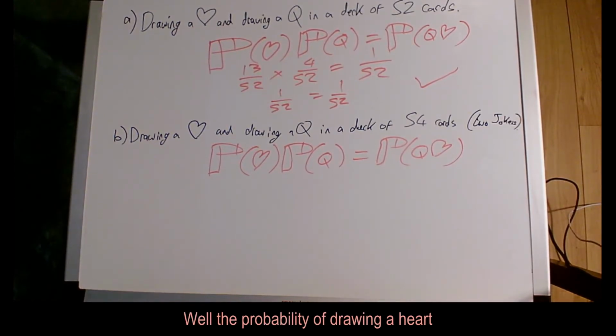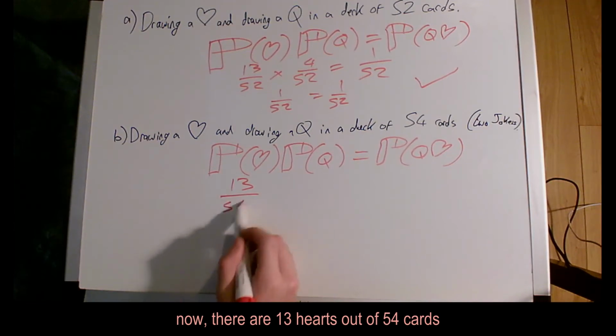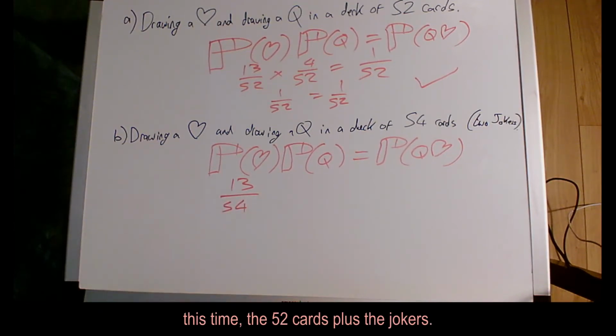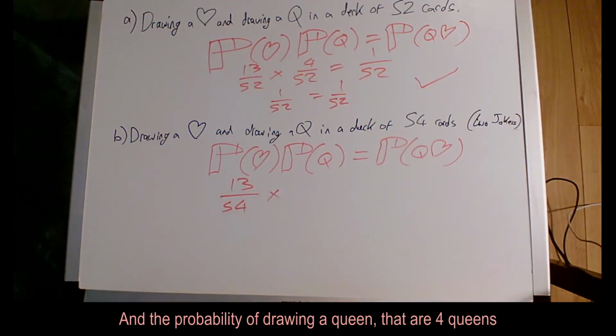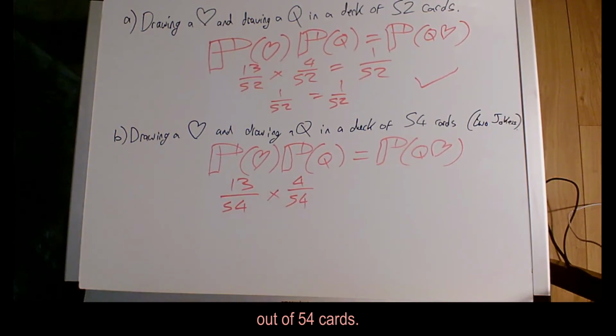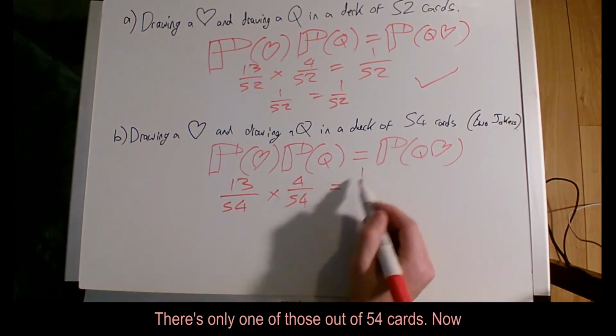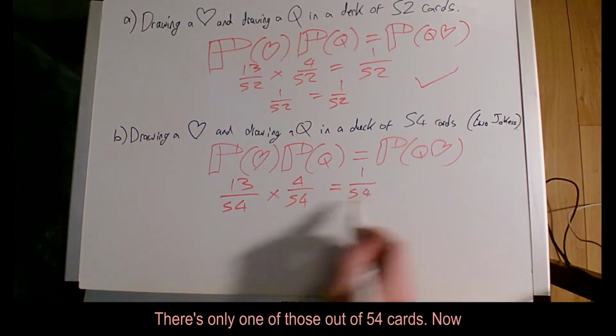Well, the probability of drawing a heart now, there are 13 hearts out of 54 cards this time. The 52 cards plus the 2 jokers. And the probability of drawing a queen, there are 4 queens out of 54 cards. And what is the probability of drawing the Queen of Hearts? There's only one of those out of 54 cards.